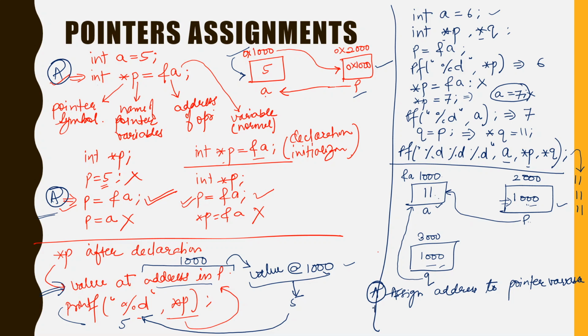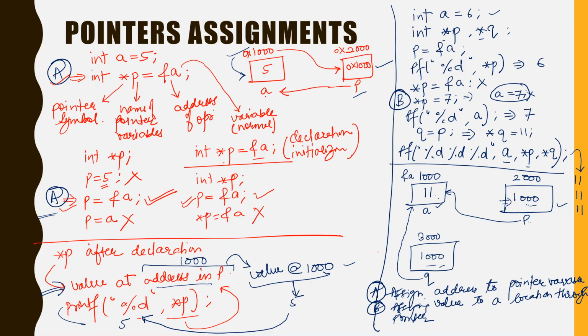B was assigning a value to a location through a pointer. So this was the statement that we used to assign a value to the location where the pointer points. This is our B notation.